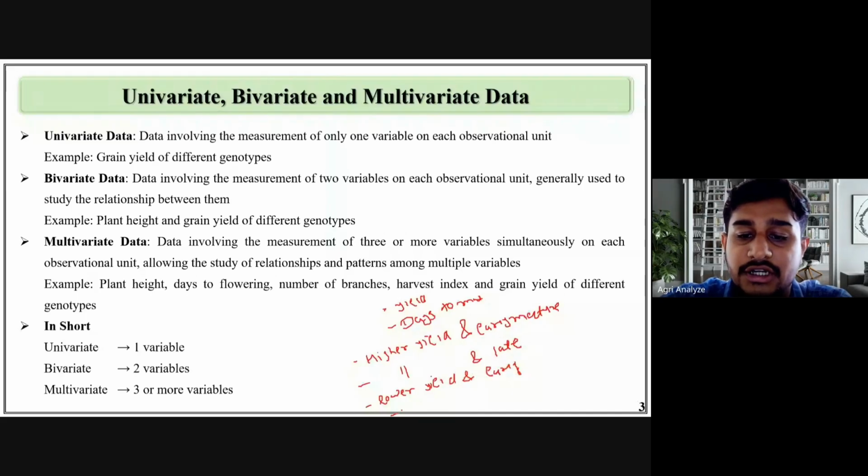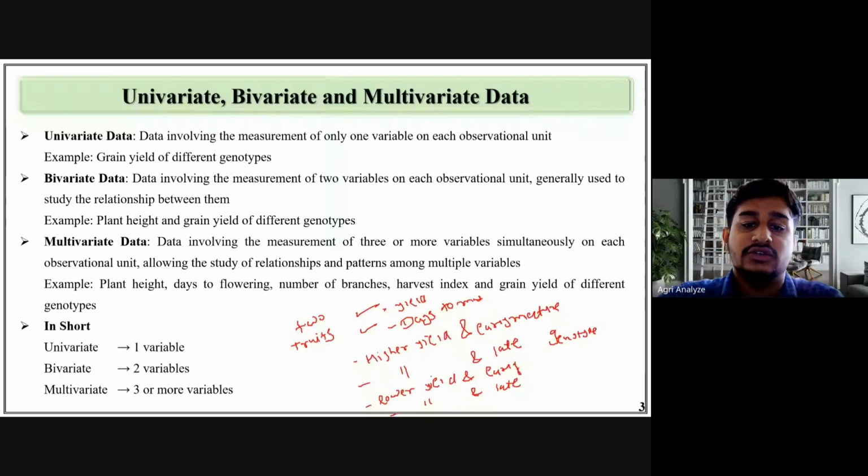Then the fourth category is lower yielder but late mature. So here we divide all the genotypes into four categories based on two variables. The first one is yield and the second one is days to maturity. Here we study with two variables or two traits. So this is bivariate.